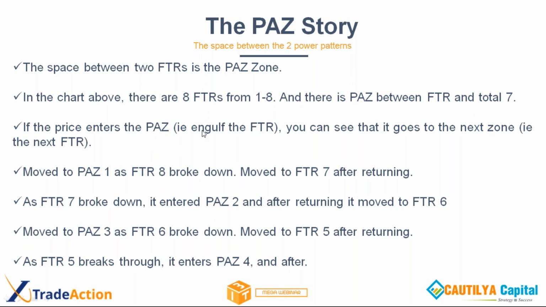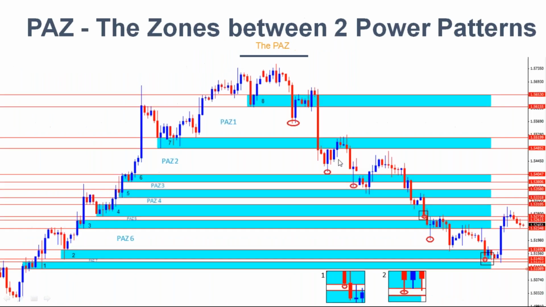If price enters the PSG and engulfs an FTR, if it kills an FTR zone, you will see that it will go to the next zone. Once price breaks, see, this is an FTR, this FTR is broken.